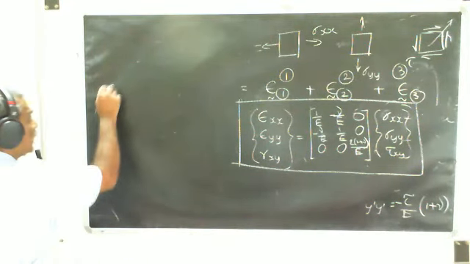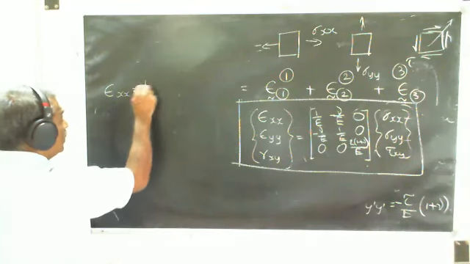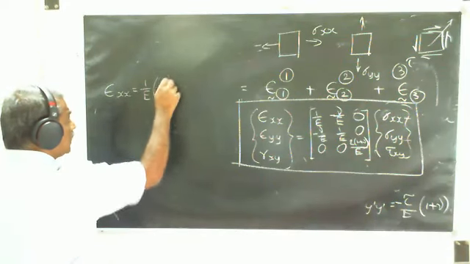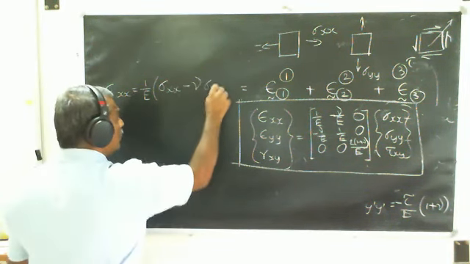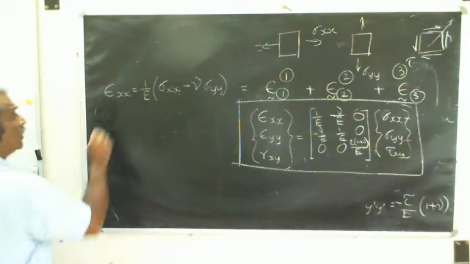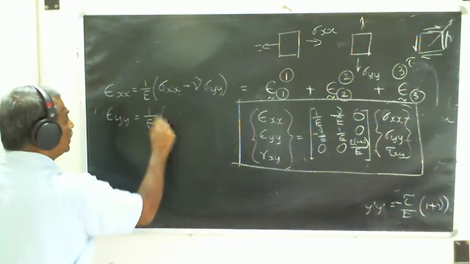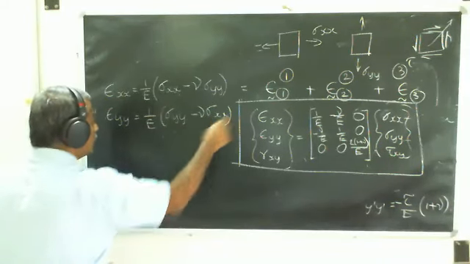If I have to write explicitly, it is epsilon xx is equal to 1 by E times sigma xx minus nu sigma yy, right? Epsilon yy is equal to 1 by E sigma yy minus nu sigma xx.